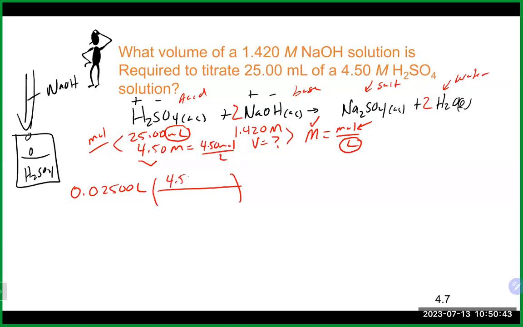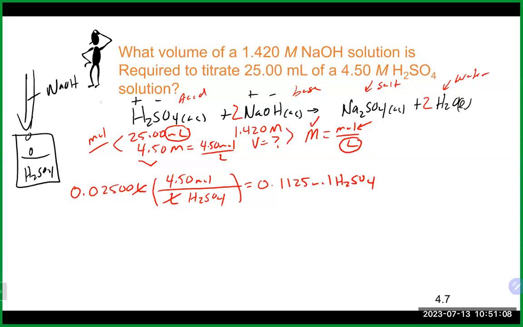So that would be 4.50 moles per liter of our sulfuric acid. At this point, the liters will cancel, and we will end up with moles, which is 0.025 times 4.5 gives us 0.1125 moles of our sulfuric acid.